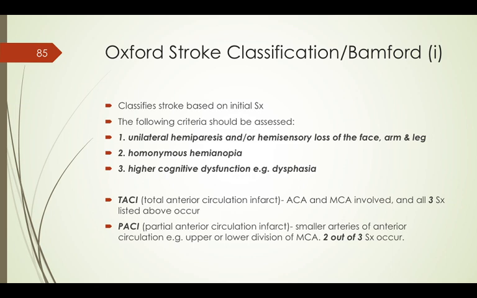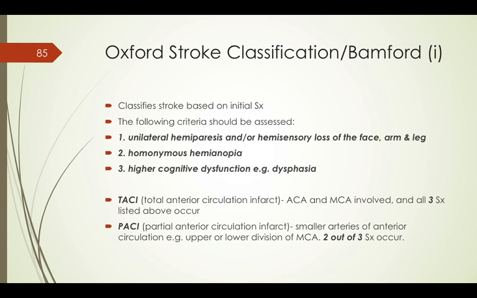So the major classification of strokes takes the form of the Oxford Stroke Classification, which is what I've listed here. So you can split the classification types into anterior circulation and posterior circulation. So anterior circulation in itself is split up into total anterior circulation infarcts and partial anterior circulation infarcts. So you need to consider the three symptoms listed there.